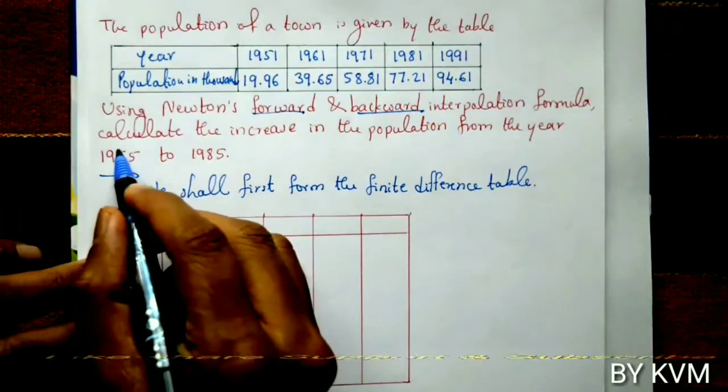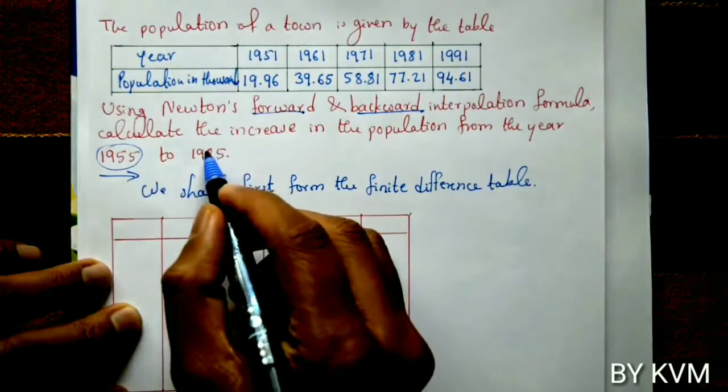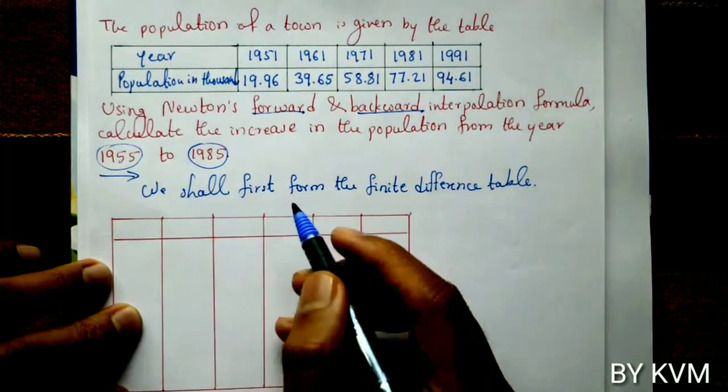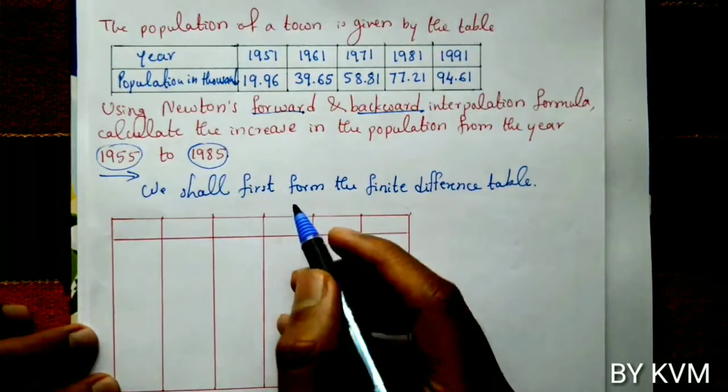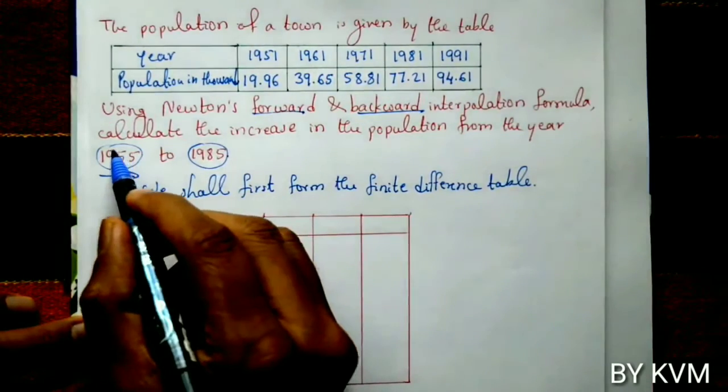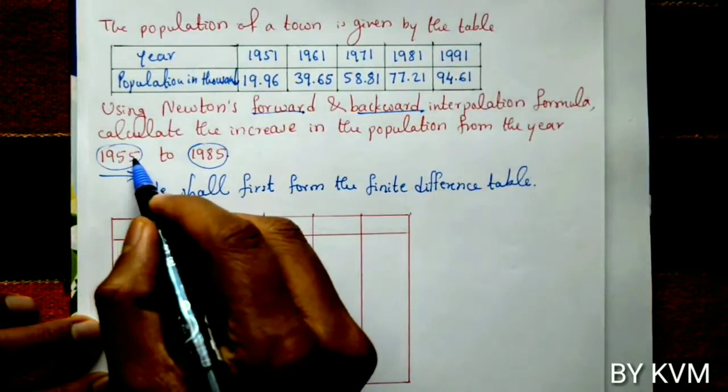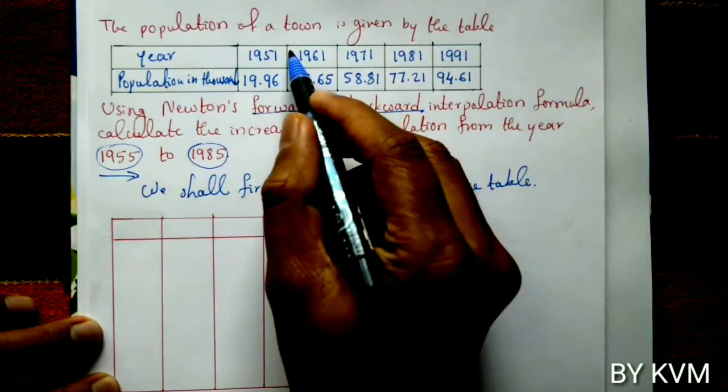So for the given data, we have to calculate the increase in the population from the year 1955 to 1985, by using the appropriate Newton's forward and backward interpolation formula.